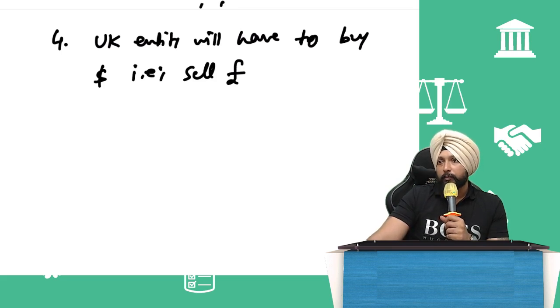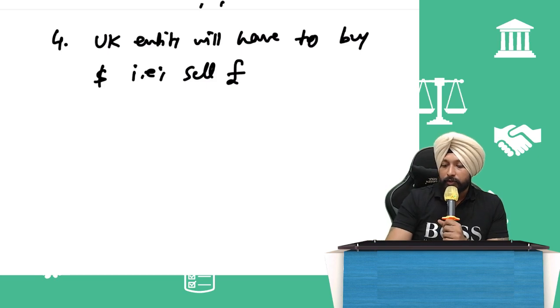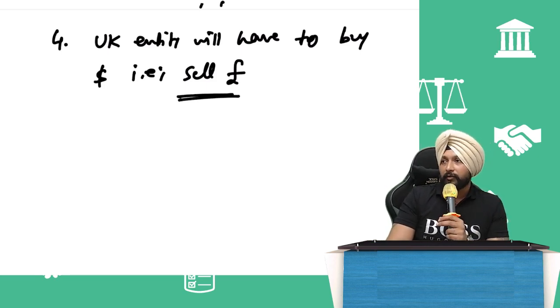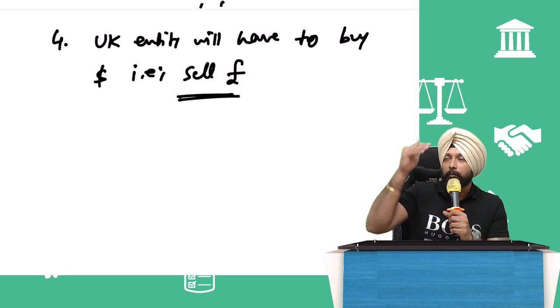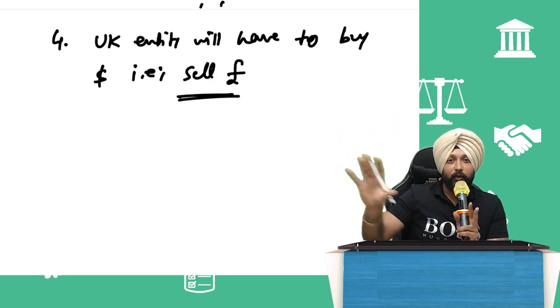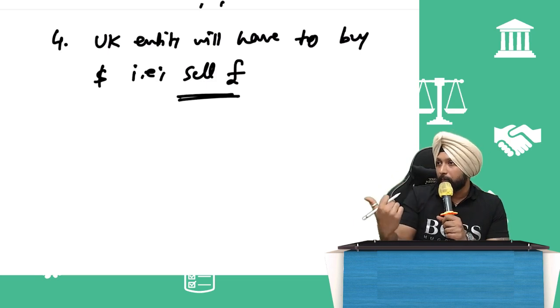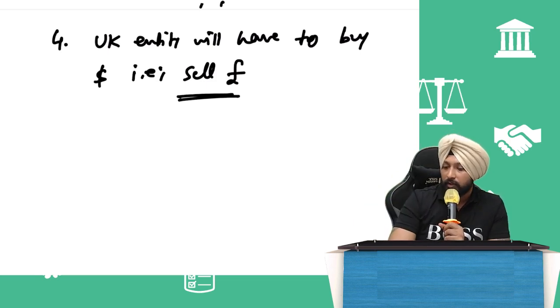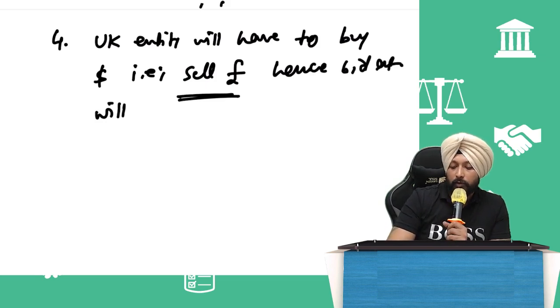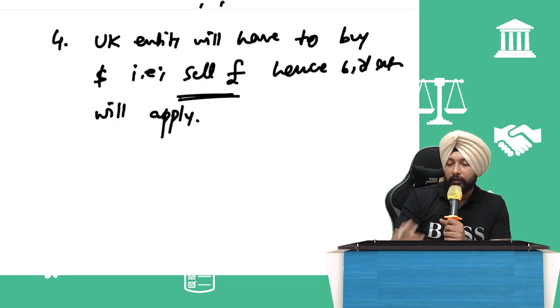What is your focus? Buy dollar or sell pound? Sell pound is your focus. Underline your focus. Please form this habit of underlining that. Because the moment you fall into the flow of buy dollar, buy dollar, buy dollar, you say ask rate. Don't make that mistake. First focus on your base currency. So sell pound is my focus, and if it is sell pound, what will you write? Hence bid rate will apply. Yes or no?